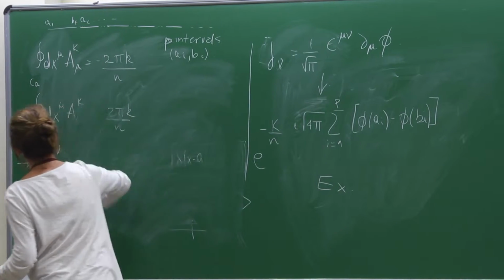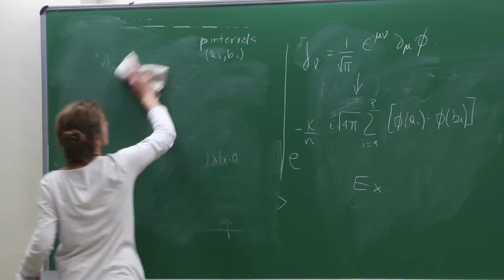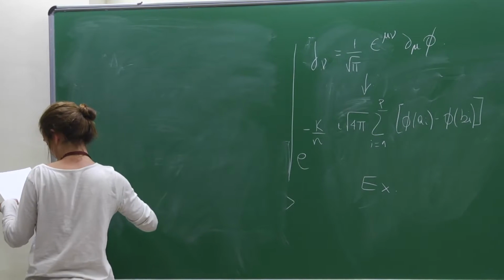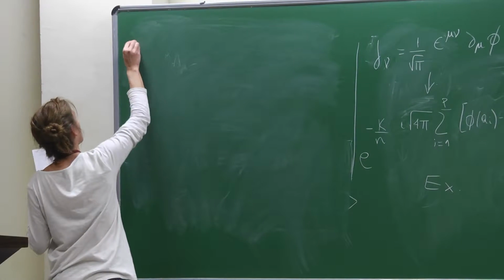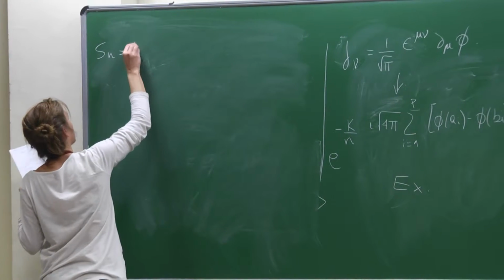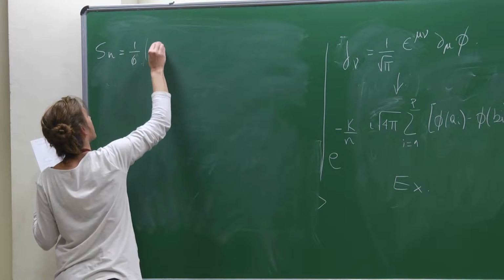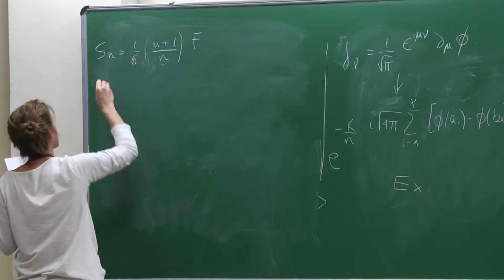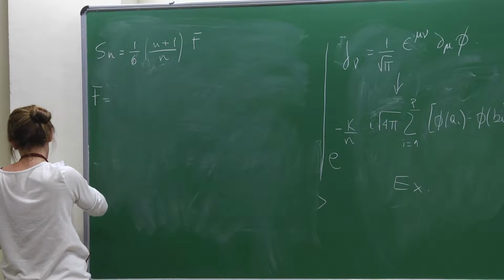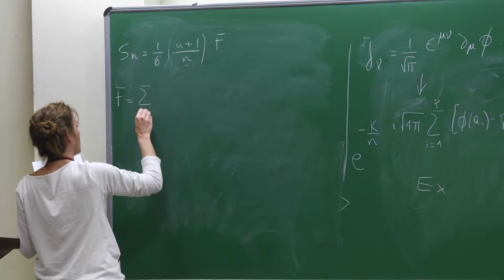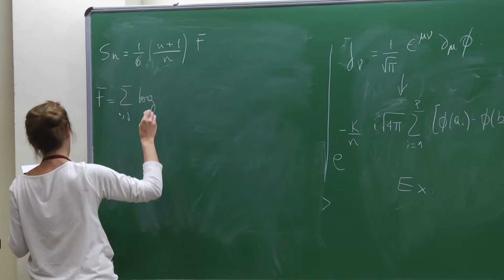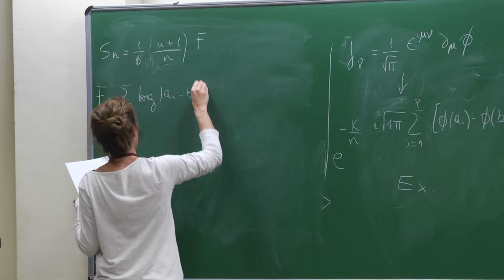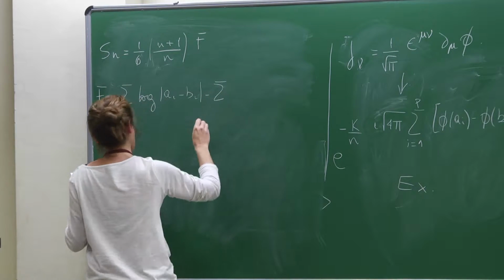You can check that the solution is: the Renyi entropies are 1/6 (n plus 1 over n) of a function, and this function is, again, a sum over j, with log of a_i minus b_i.